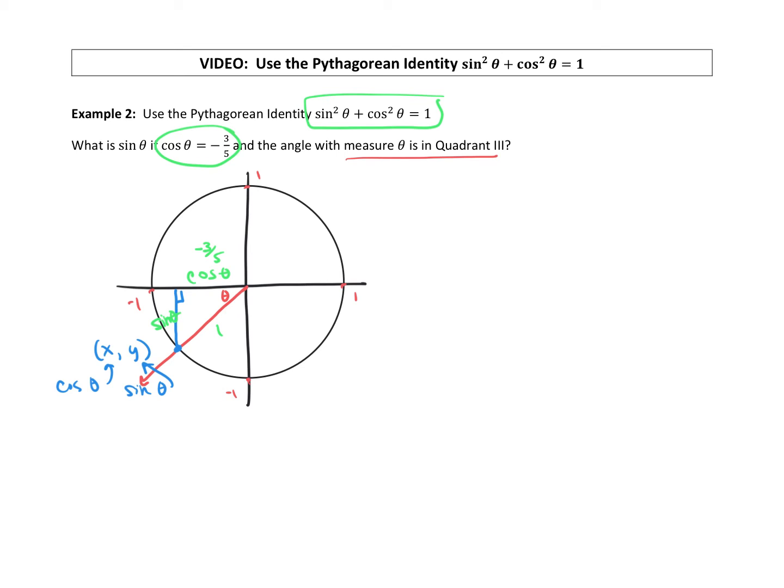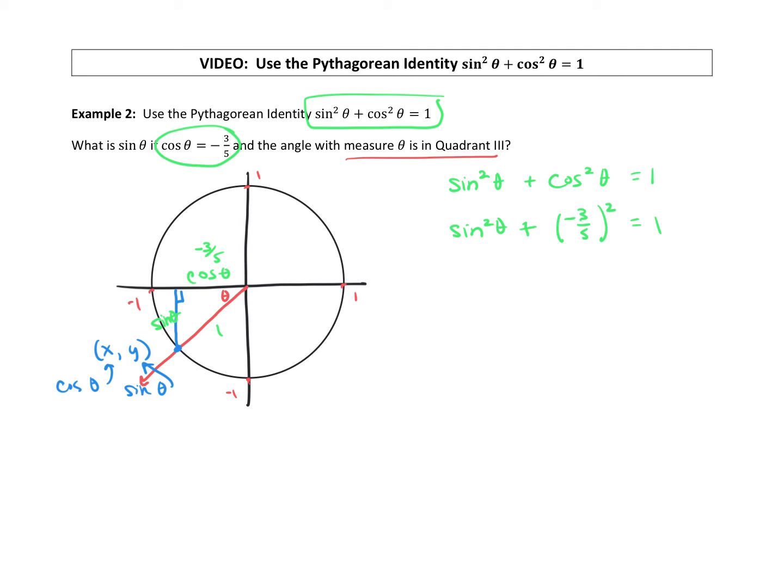So Pythagorean theorem, sine squared of theta plus cosine squared of theta equals 1. We don't know sine squared of theta, but we know what cosine of theta is. So cosine of theta is a negative 3/5. We're going to square that side of our triangle, equals 1.